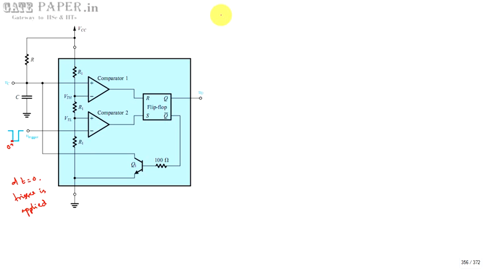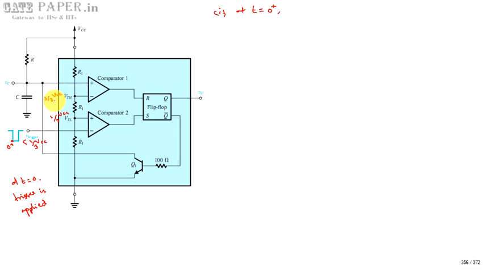Okay, so first case, at t is equal to 0 plus, voltage at non-inverting terminal of comparator 2 is less than 1 by 3 VCC, and we know VTL is 1 by 3 VCC and VTH is 2 by 3 VCC.